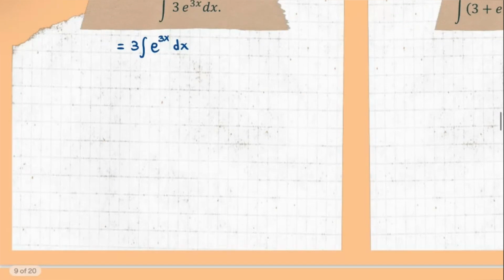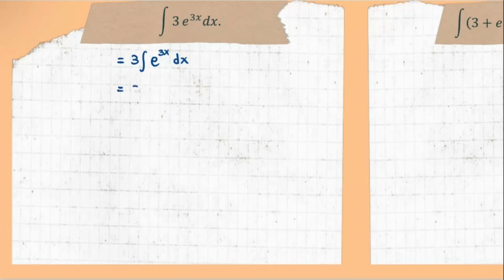So this is what we are going to do. First salin, bahagi dengan differentiate 3x dapat 3 and then plus c. So kat sini 3 bahagi 3 dapat 1. So the final answer is e of 3x plus c.